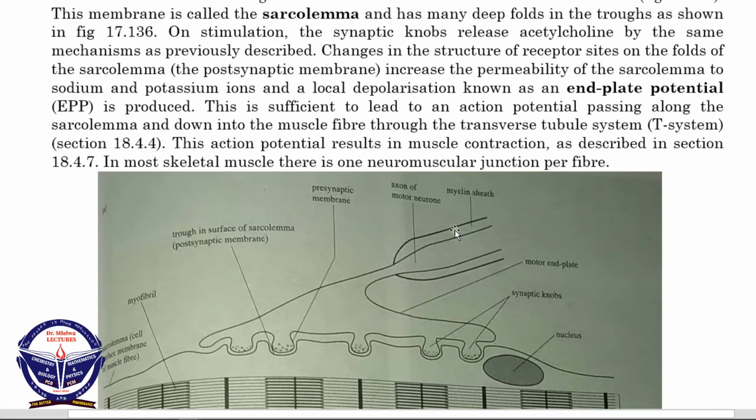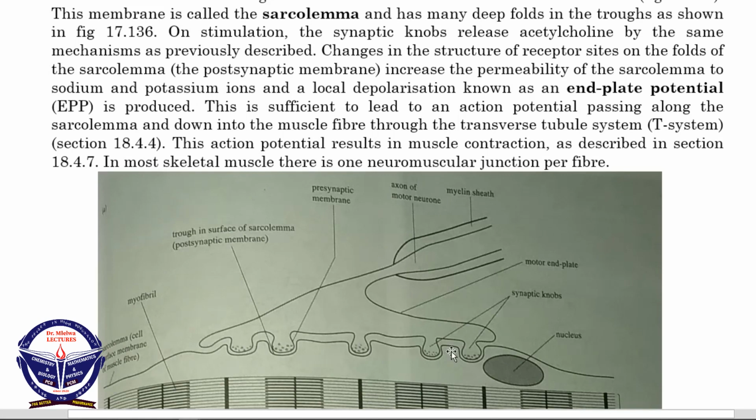It is the plate formed by the motor neuron when it innervates the muscle. What you will see here is that we will have the presynaptic membrane as usual. You see we have the synaptic knob.